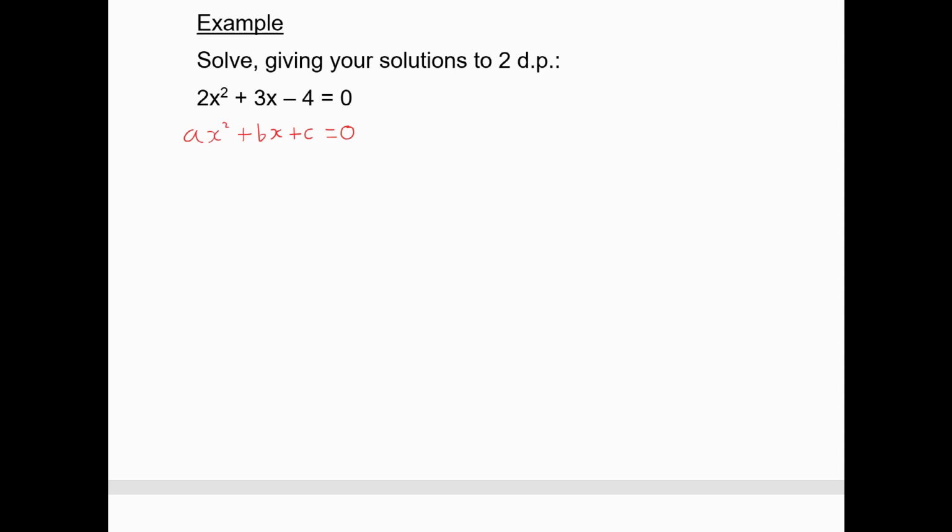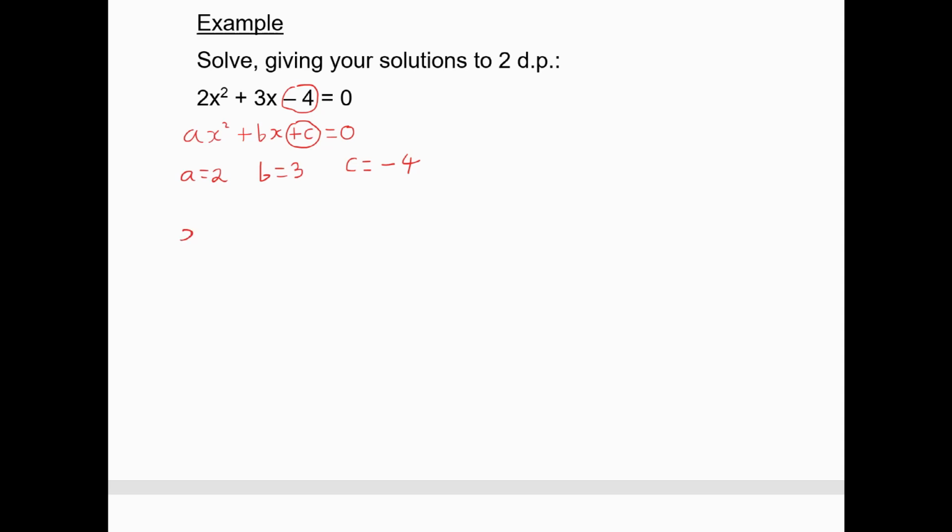This means that a is equal to 2, that is the coefficient of x squared, b is equal to 3, and c is equal to minus 4. Because the formula has a plus c, if the constant term has a minus in front, you need to include the minus as part of c.